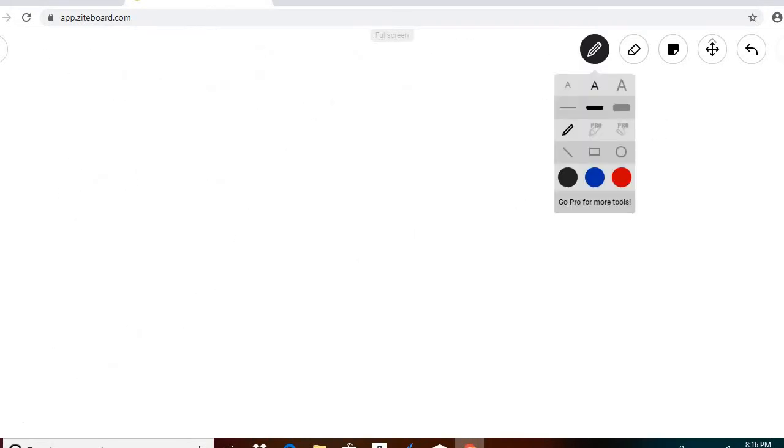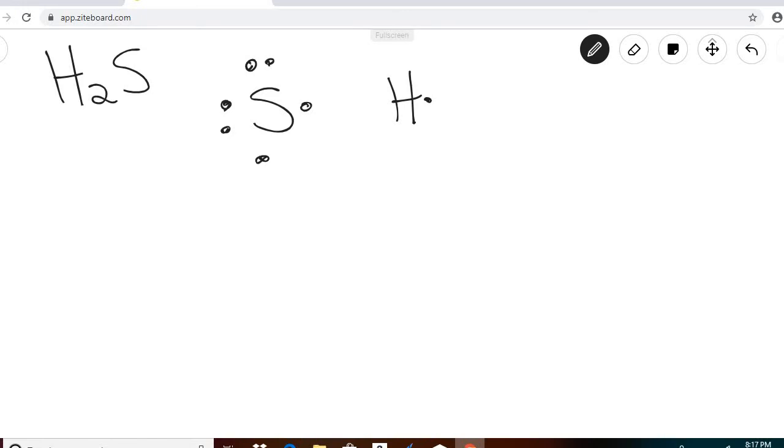Okay, then 11b is this. Okay, so we have the sulfur, which is in group 6A, so it has 6 valence electrons. And then we have 2 hydrogens, and each hydrogen has 1 valence electron.